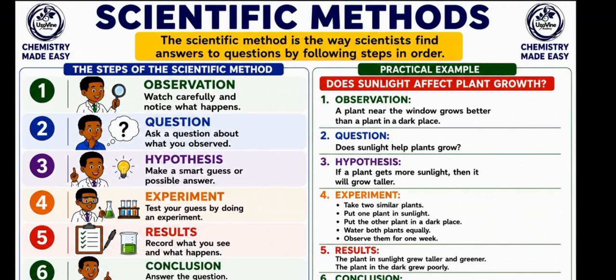And how do you do that? You take 2 similar plants, put one plant in sunlight, that is where it receives sunlight directly, and put the other plant in a dark place. Then you water both plants equally, then observe them for 1 week.